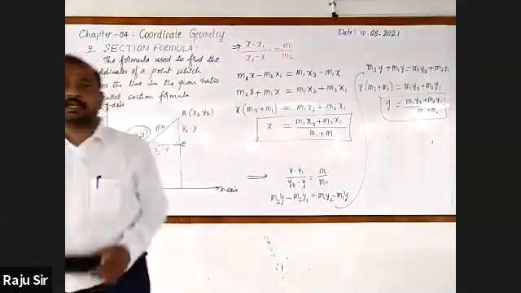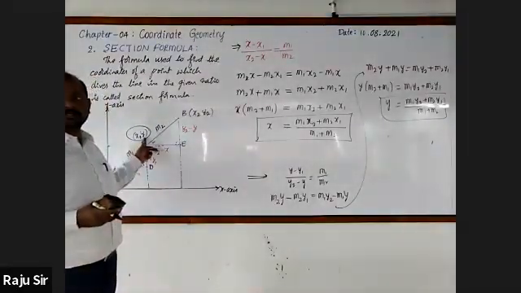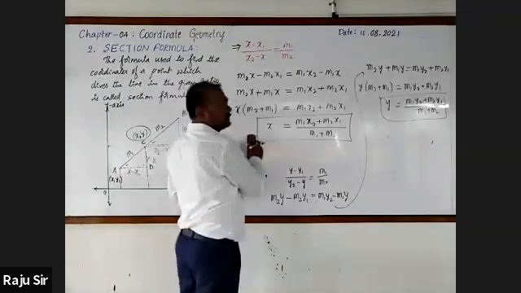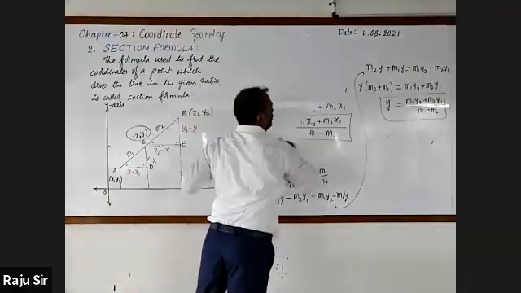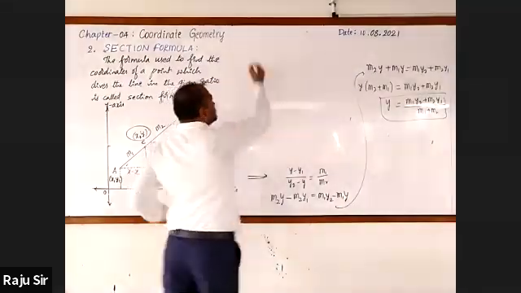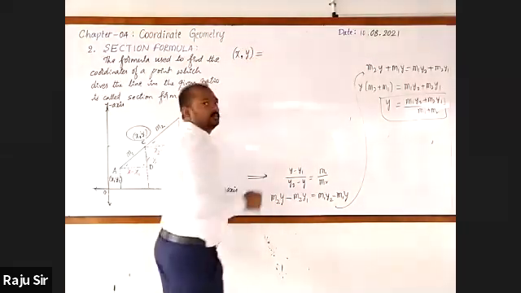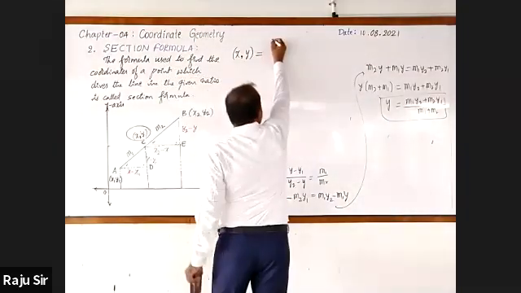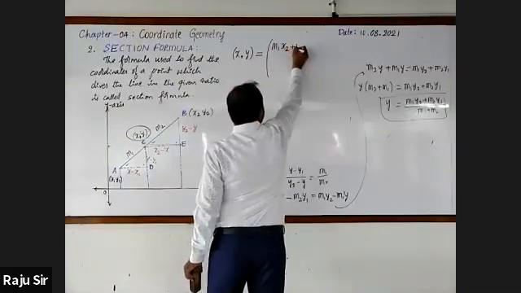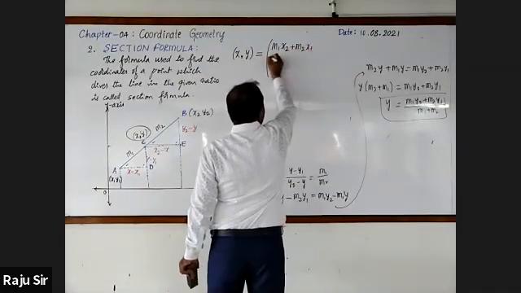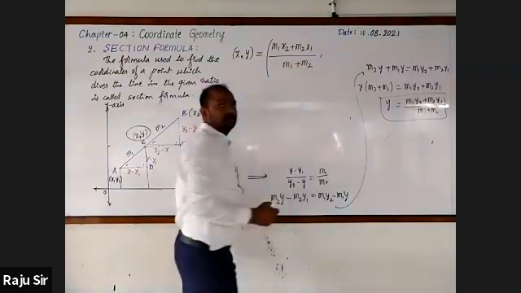We have to write x and y together, then it will be the coordinates of the point C. X comma y is equal to, first the x coordinate, it is (m1 x2 plus m2 x1) by (m1 plus m2).